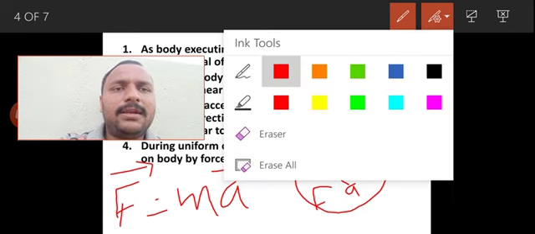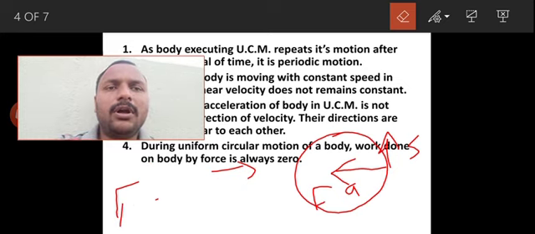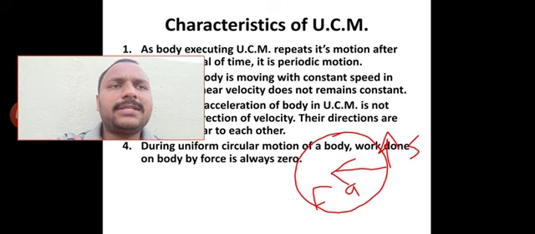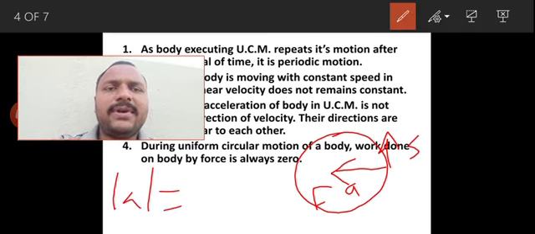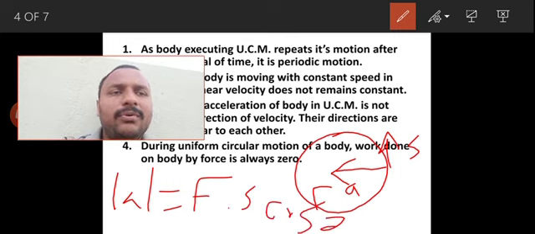Okay, then we know the formula of work done. The formula of work done is W is equal to Fs cos theta, force into displacement into cosine of the angle between them. What is the angle between the displacement and force? 90 degrees. And what is cos 90?